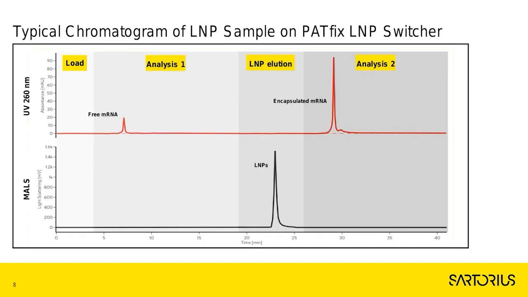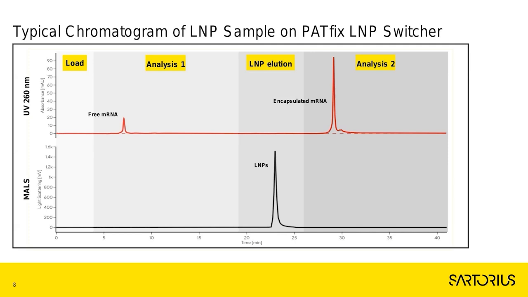And what we get from this is a typical chromatogram shown here, where on one end we would have free mRNA, as you can see at the top left. Then after we've done quantifying the free mRNA, you can see in the middle the black LNP peak from the MALS detector, which signals that the LNP particles are being eluted.